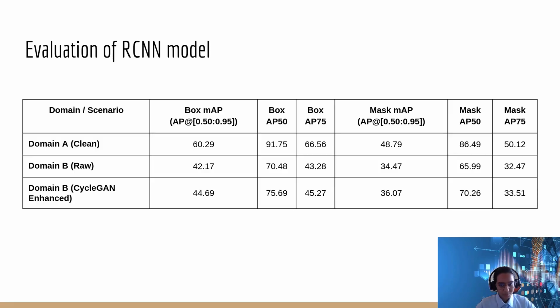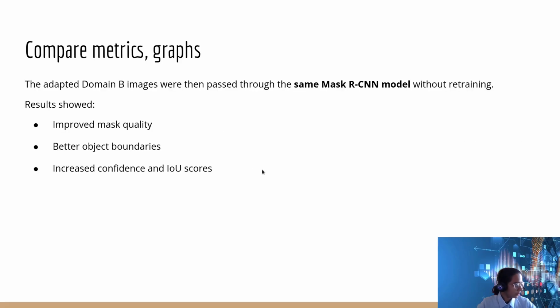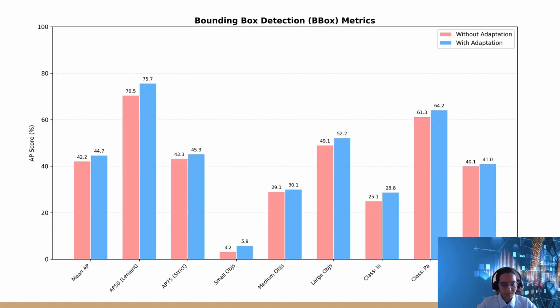The adapted domain B images were then passed through the same Mask R-CNN model without retraining. As you can see, the results show improved mask quality, better object boundaries, and increased confidence in IoU scores. And we can see the same for the graphs as well.